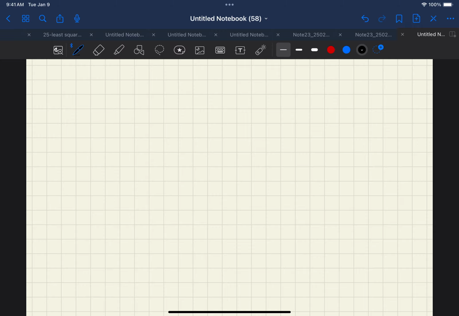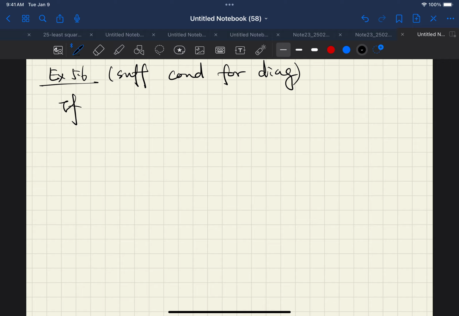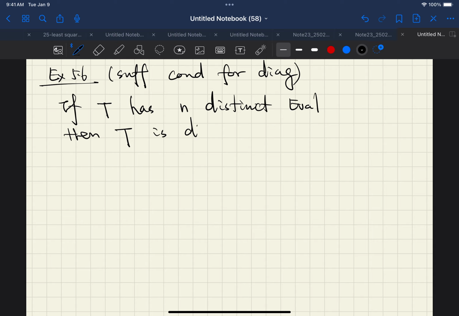One direct application of this theorem is the following. This is another sufficient condition for diagonalizability. If T has n distinct eigenvalues, then T is diagonalizable. Why is that true?